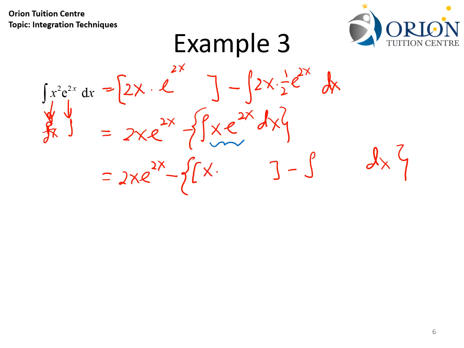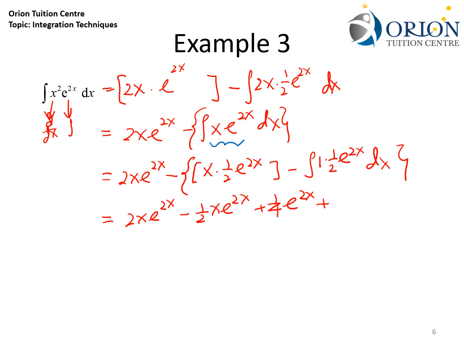So x times half e to the power of 2x minus integration of 1 multiplied by half e to the power of 2x. And therefore, we can simplify and solve everything to give us 2x e to the power of 2x minus half x e to the power of 2x plus 1/4 e to the power of 2x plus c.